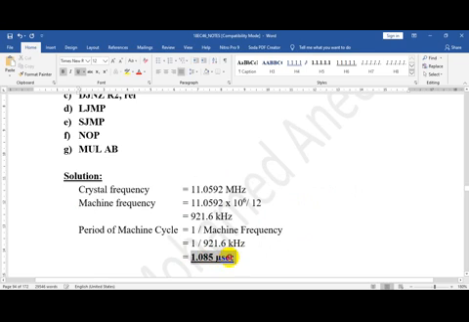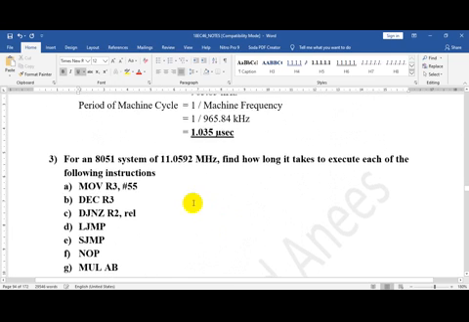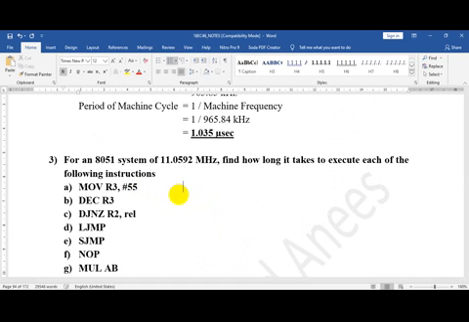This is one machine count, or one clock period. Next, note down the machine cycles which each instruction takes. MOV R3, #55 immediate takes one machine cycle. DEC R3 also takes one machine cycle. DJNZ takes two machine cycles. LJMP takes two machine cycles. SJMP takes two machine cycles. NOP takes one machine cycle. MUL AB takes four machine cycles.